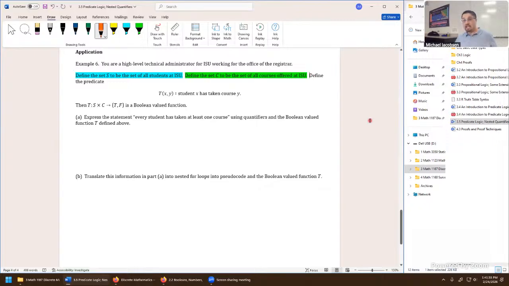We're going to define the predicate T. T(X, Y) means student X has taken course Y. I notice fundamentally it's not different at all from the last problem we were looking into, other than there are 2 different domains, S and C. So our predicate says student X has taken, that's why we're calling it uppercase T, T for taken, course Y. And as a true function, like the one that we quantified several examples ago, it's mapping from S cross C into the Boolean values: true if student X has taken course Y, false otherwise.